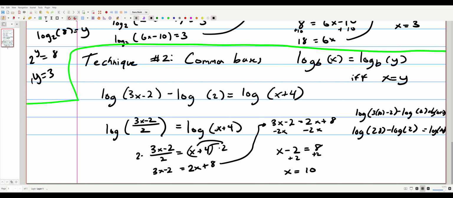Well, we use the quotient rule for logarithms, so this is log of 28 over 2, and 28 divided by 2 is 14. And so both of these sides are log 14, so our solution checks out.